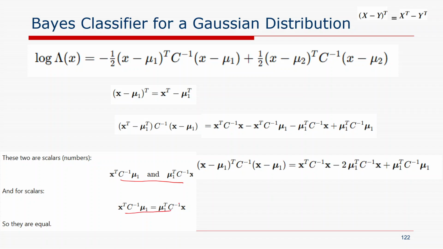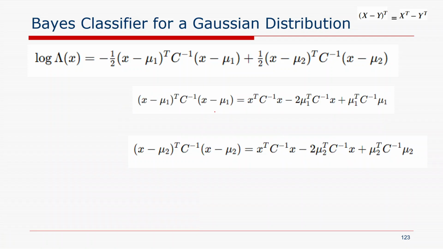Therefore, we can equate them to mu1 transpose C inverse x, and it becomes minus 2. That is, this term also we are taking as mu1 transpose C inverse x. Therefore, it becomes minus 2 mu1 transpose C inverse x, and the first term which we had will remain the same as it is. The last term will also remain the same.